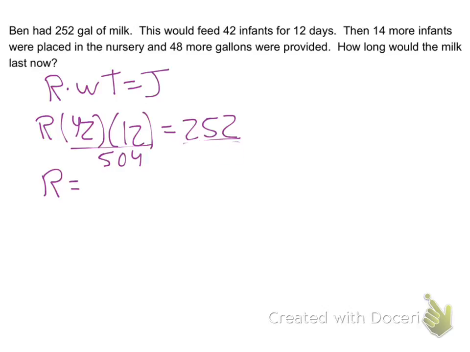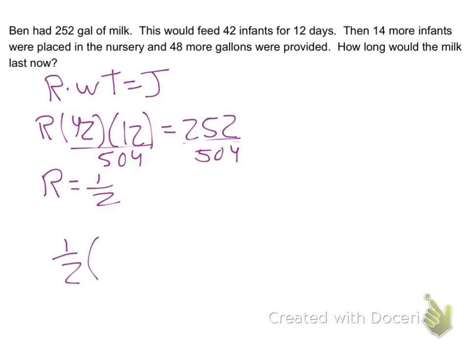So 504. It ends up being 1/2. You're dividing by 504, right? So the rate is basically 1 infant drinks 1/2 gallon of milk a day, or 1/2 gallon of milk per infant day. Wait a minute.